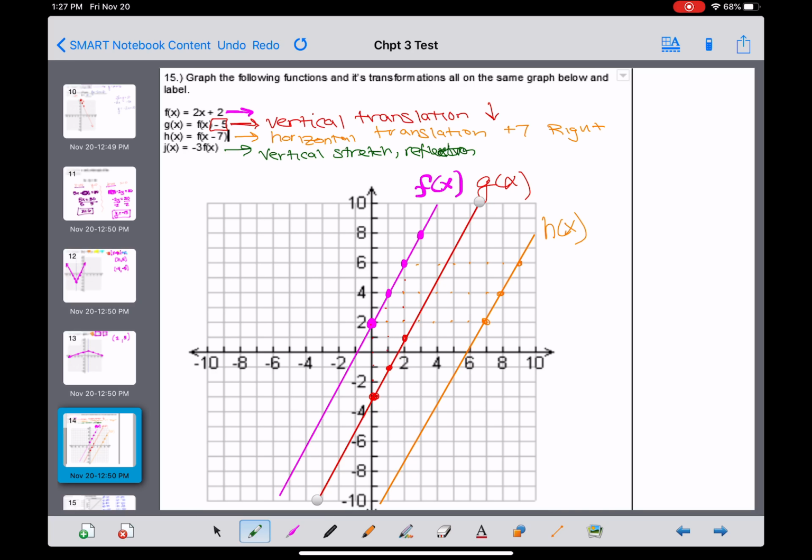So I'm going to multiply my original function, f of x, by -3. When I distribute that -3 through, it gives me j of x, which is -6x minus 6. So I'm going to start at -6, go up 6, backwards 1.